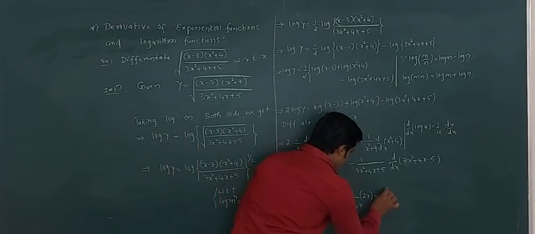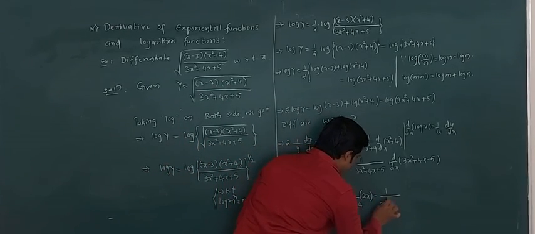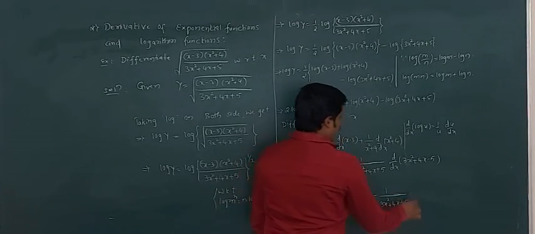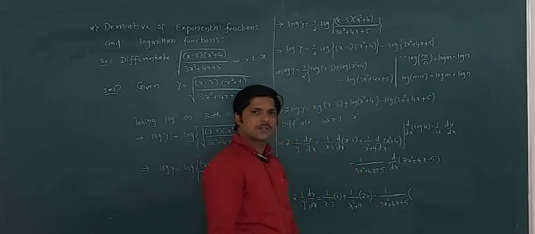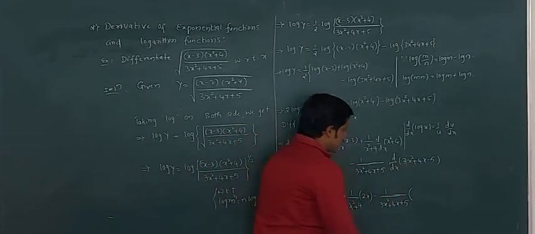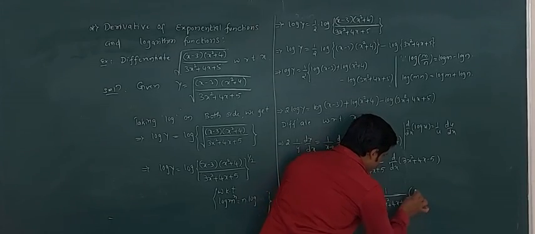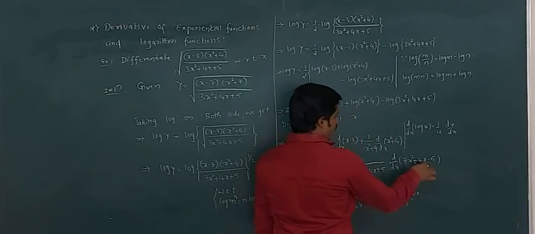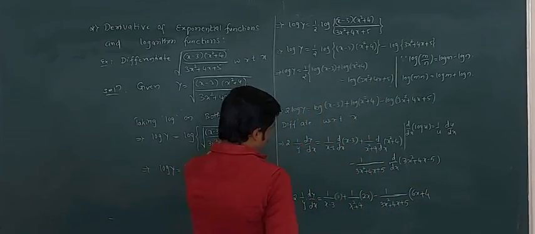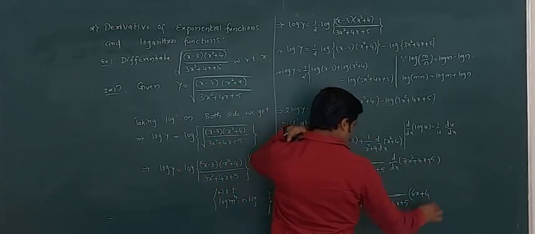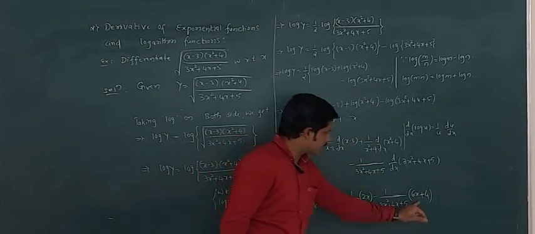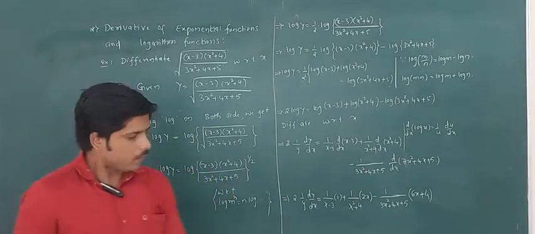Next, minus 1 upon (3x square plus 4x plus 5) into differentiation of 3x square, that is 3 is constant, x square differentiation is 2x, that is 2 into 3, 6x, plus 4x differentiation is 4, plus 5, differentiation of constant is 0, that is 6x plus 4.